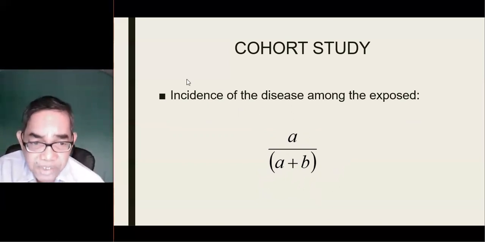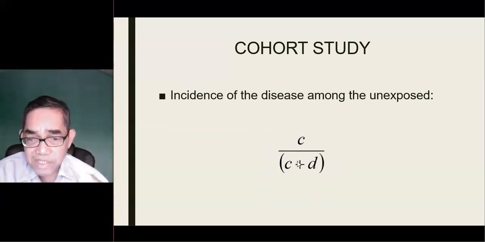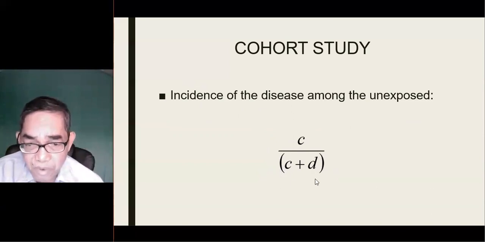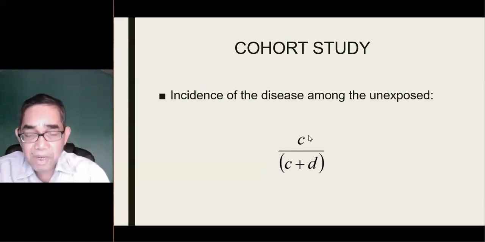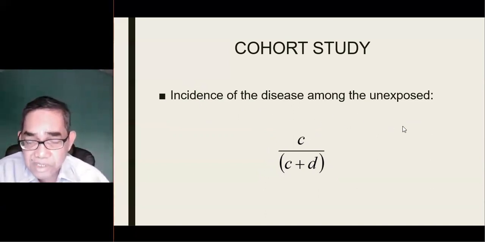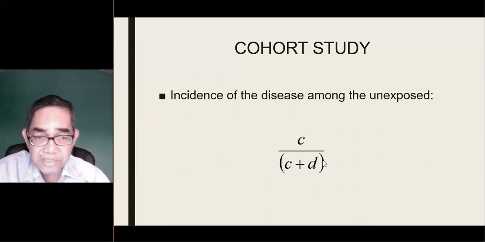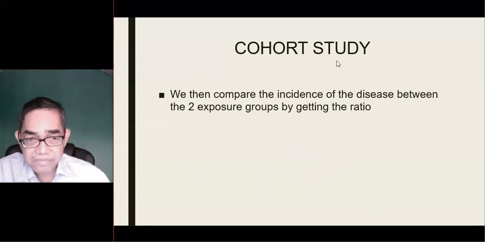Because this is a cohort study, we call it the incidence of the disease rather than the prevalence. And the incidence of the disease among the unexposed, the C and the D are people who are unexposed. The C are people who develop the disease. So we call this the incidence of the disease among the unexposed. Again, this is the same as the formula for the prevalence of the disease among the unexposed, except that now we are talking of incidence, not prevalence, because this is a cohort study.